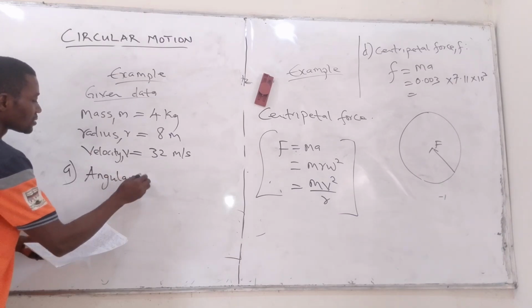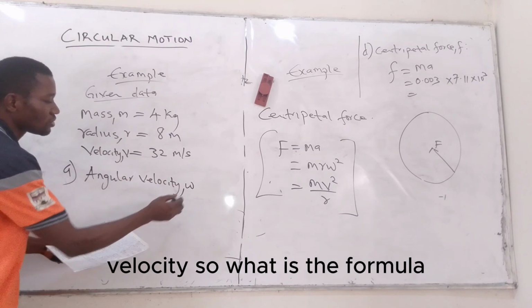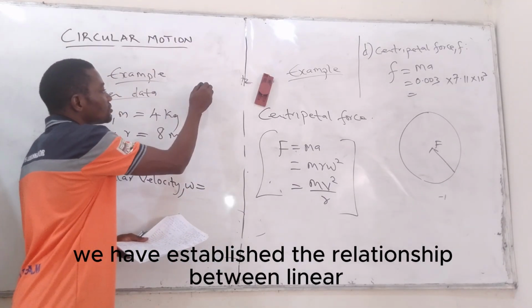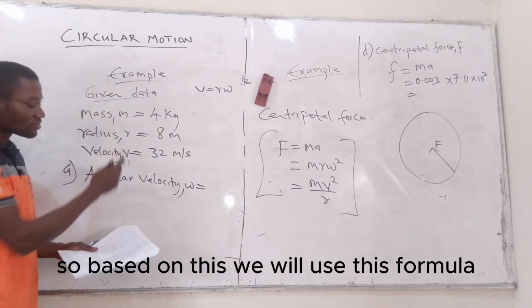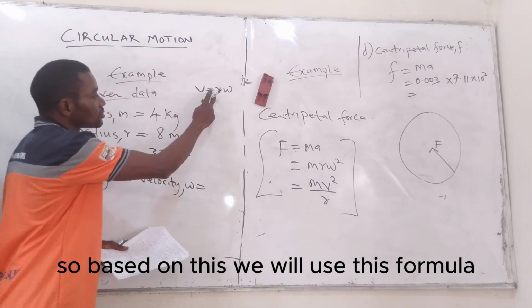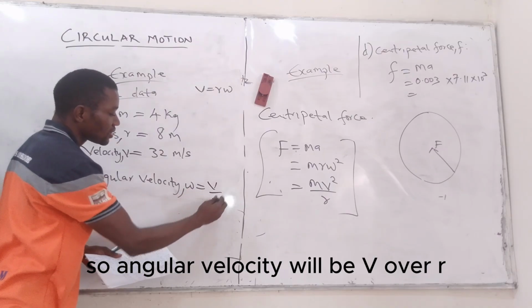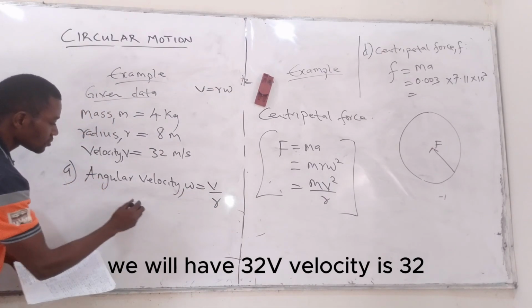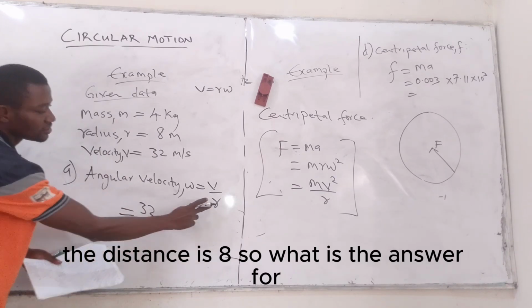Angular velocity. So what is the formula? We have established the relationship between linear and angular velocity before. So based on this, we will use this formula. Angular velocity will be v over r. If we substitute, we will have 32, the velocity, over 8, the distance.